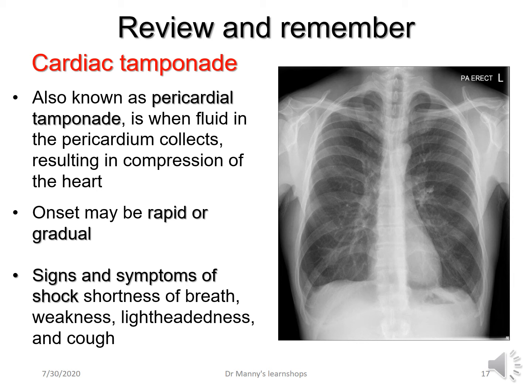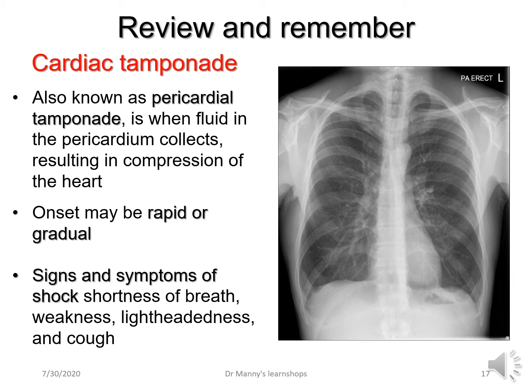So a pericardial tamponade is when fluid, and this could be plasma, this could be blood, collects in the pericardium. As a consequence, it compresses the heart, so the heart will be seen as getting bigger. This can be rapid, or it can be gradual, which sometimes becomes an effusion.